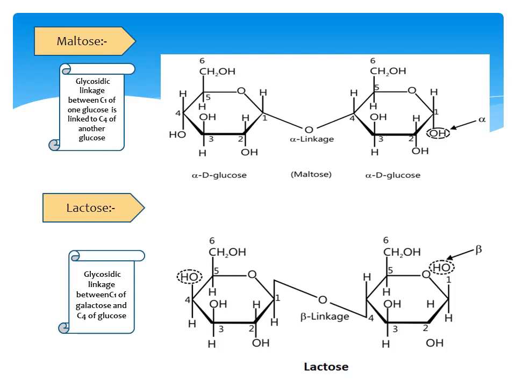So here carbon 1 is linked with carbon 4 of the other glucose. Downward, in lactose you have one galactose and one glucose. The glycosidic linkage is present between the first carbon of galactose and the fourth carbon of glucose.